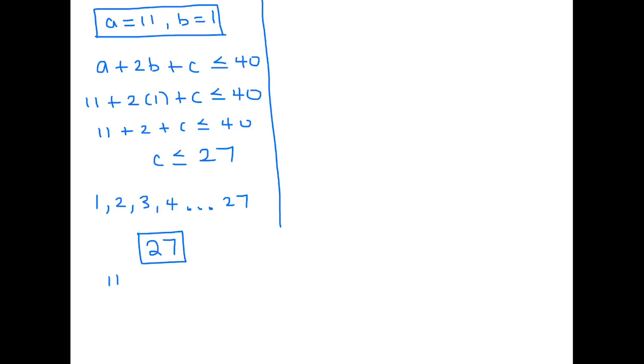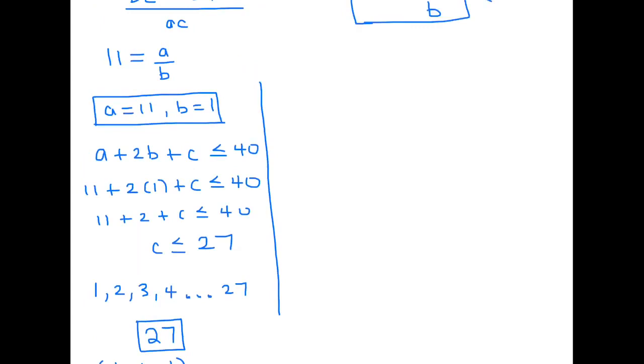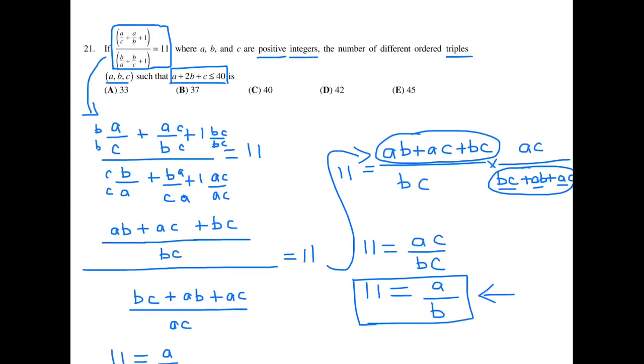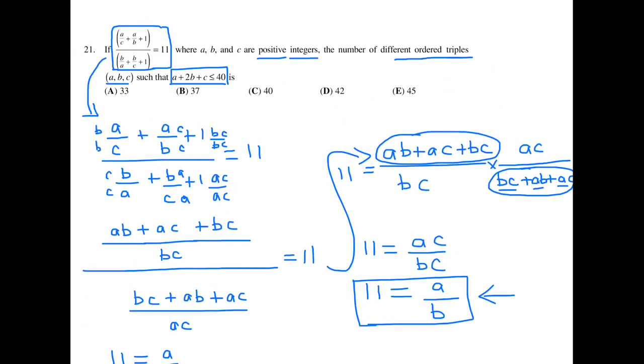We have 11, 1, 1 for a, b, and c, 11, 1, 2 for a, b, and c, all the way down to 11, 1, and 27. Okay? Because that's what the question is asking. We're looking for ordered triples of the form a, b, and c.